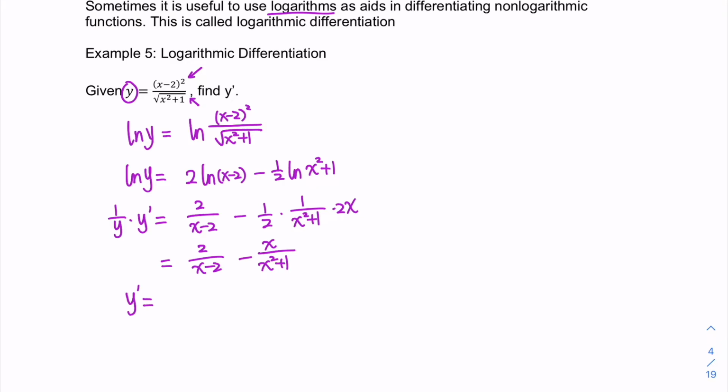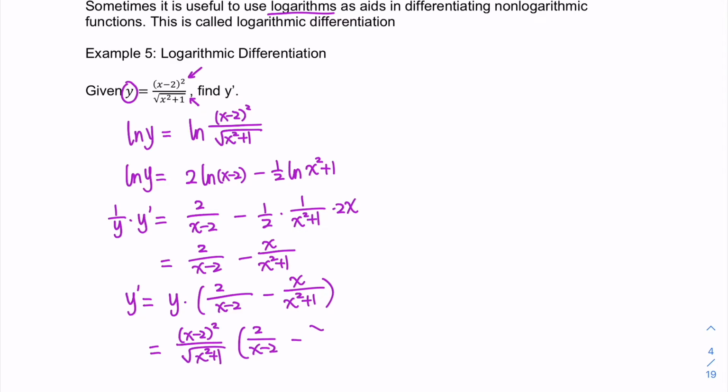So y prime equals y times (2 over x minus 2 minus x over x squared plus 1). Now you can just plug in y. On the test, if y is very complicated, you can leave your answer like this.